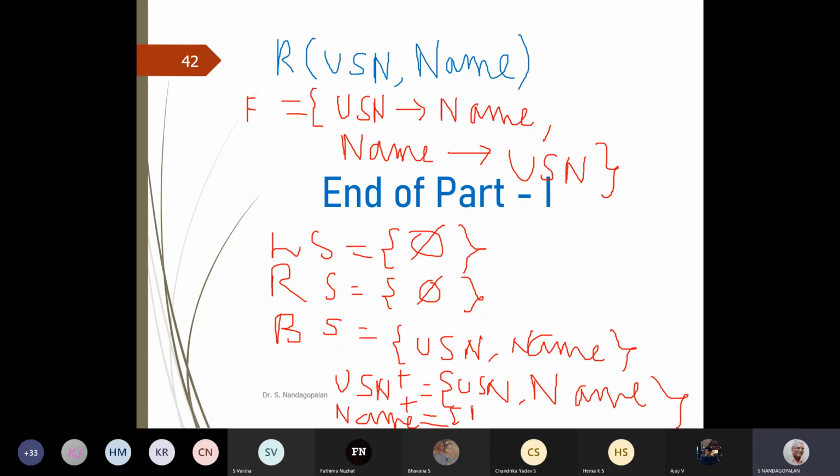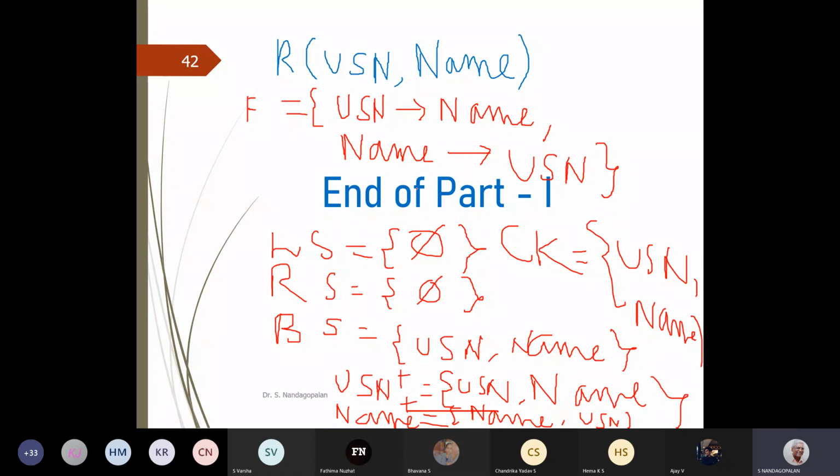So you start with name, and the second FD determines USN. So my CK set will have USN, which alone can determine everything including name. So this is the second candidate key. That means USN and name both are candidate keys.